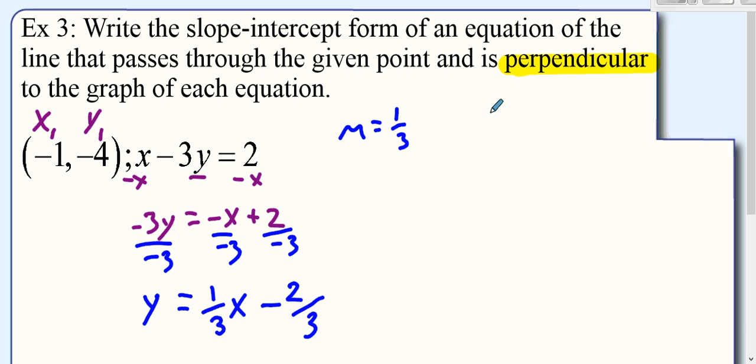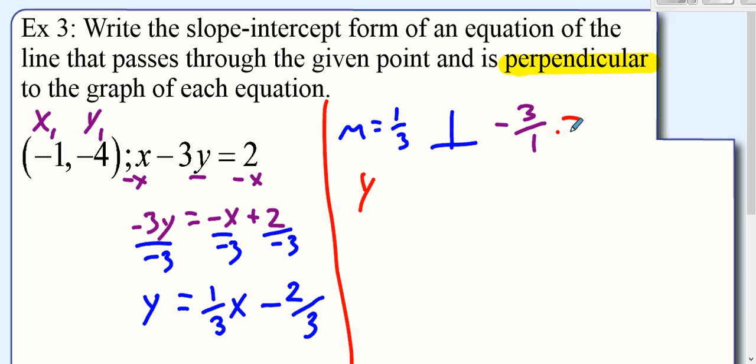Which means we need to find the perpendicular. We're going to flip it and change the sign. So 1 over 3 flips to be 3 over 1. Change the sign from positive to negative. That's the slope we're going to use for the equation. So negative 3 over 1 is just negative 3.